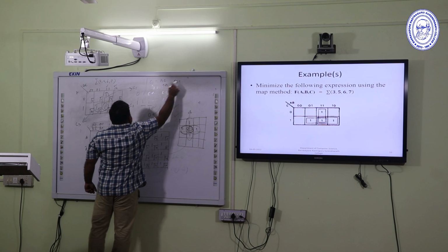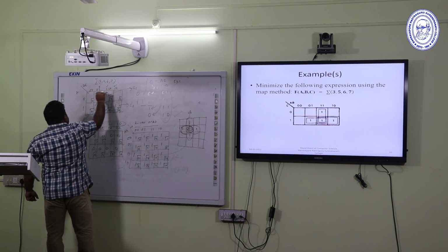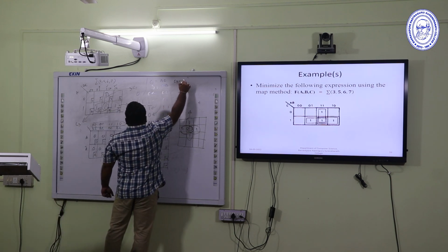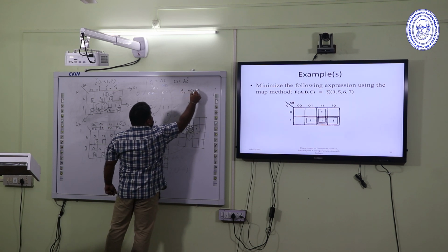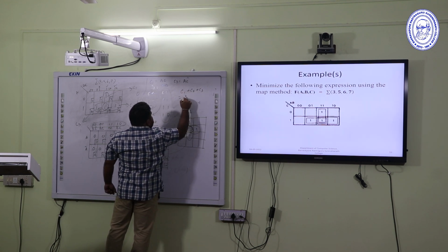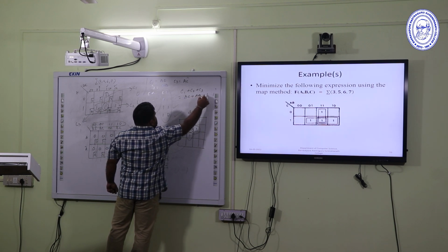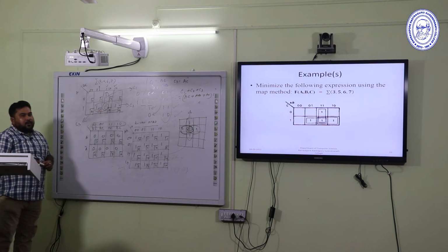And from C3 we get, that is 1 is common, this one and this one, that is AC. So the result is C1 plus C2 plus C3, that is BC plus AB plus AC. So this is the output of this function.